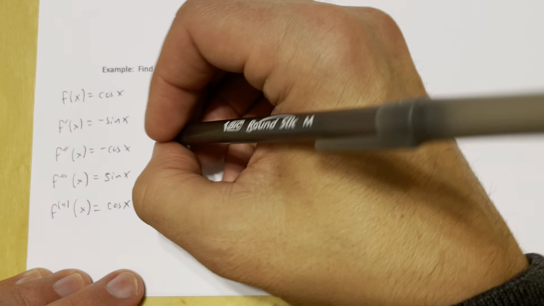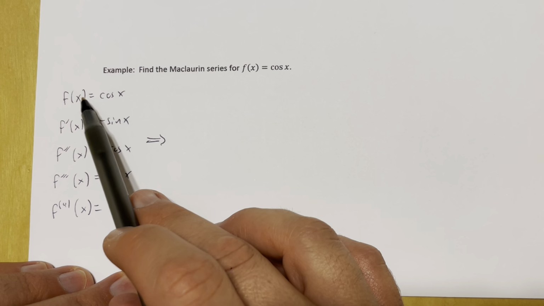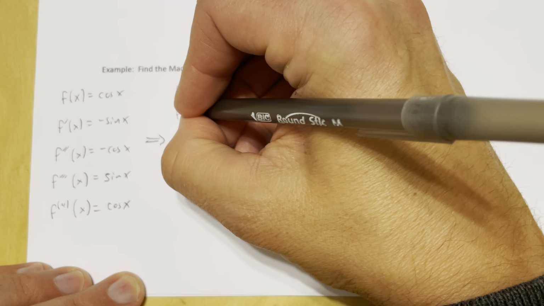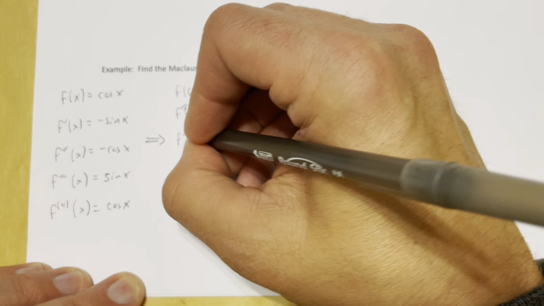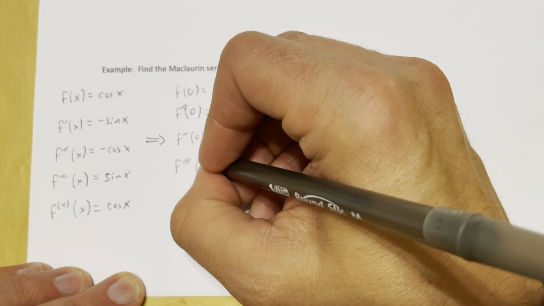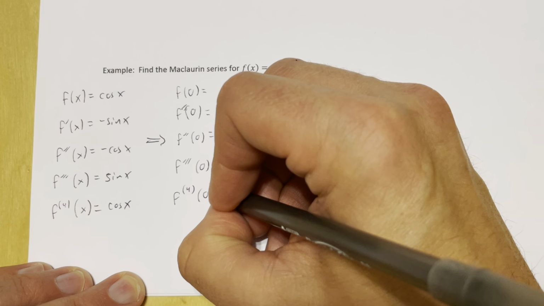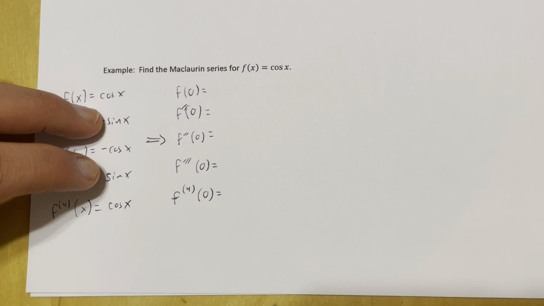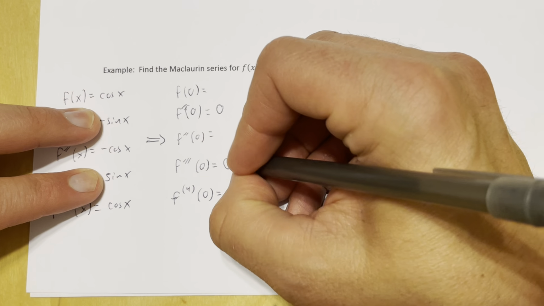Okay, as before, because we're looking at a Maclaurin series, I want to plug zeros in for these x's. So what is f of 0? What is f prime of 0? F double prime and so on. Okay, so every time I encounter a sine, like here and here, we already know that that's going to give us zeros.